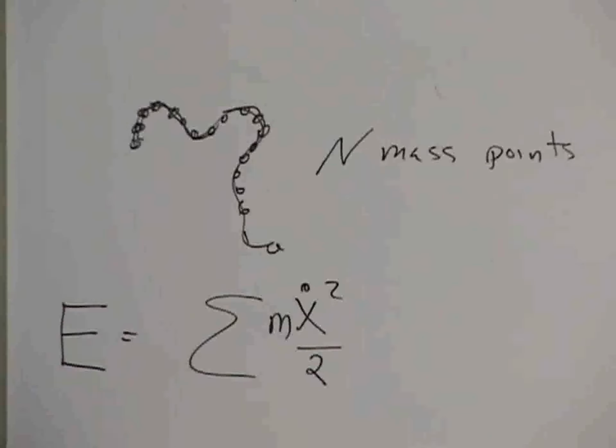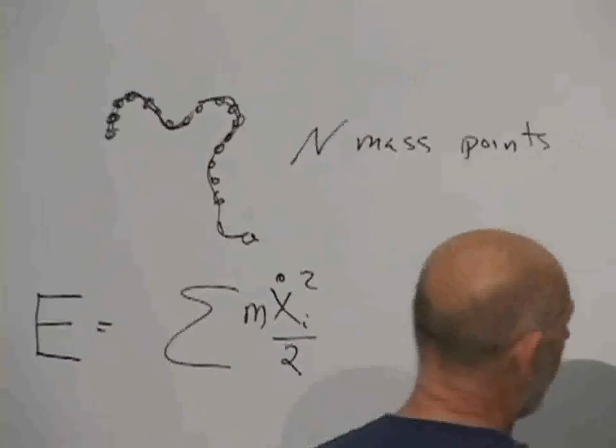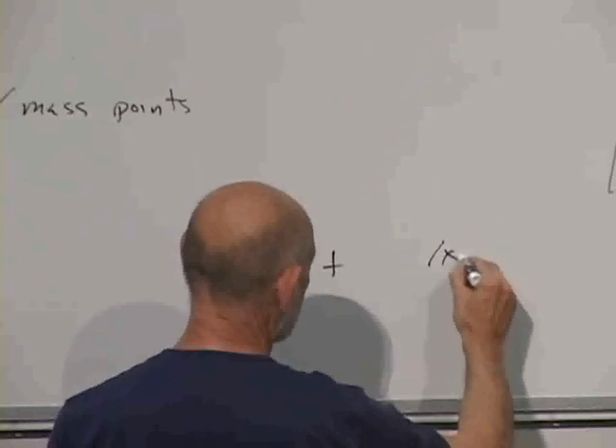I'll get that right eventually. Mass over 2. This is the ith spring. And when I write x here, you have to add, every place I write x, add in also y. x goes to y.